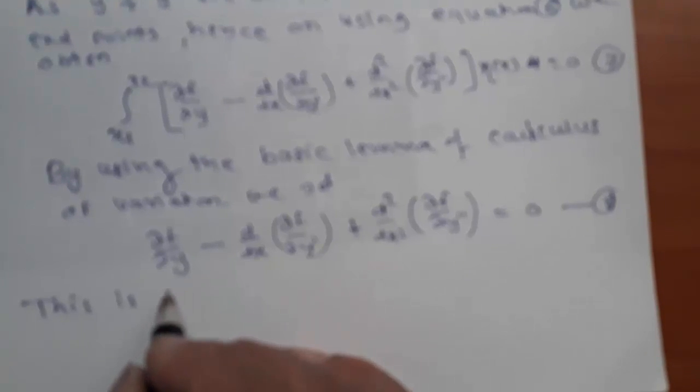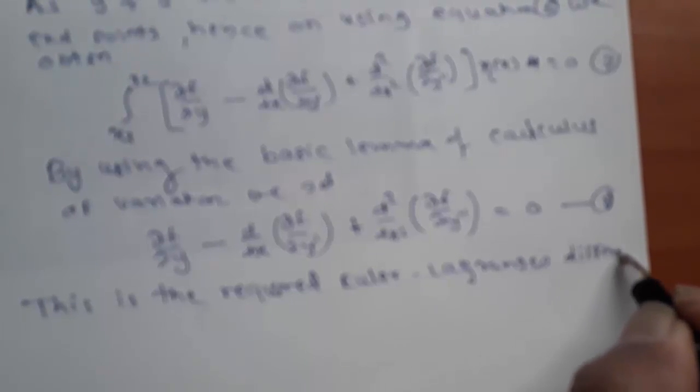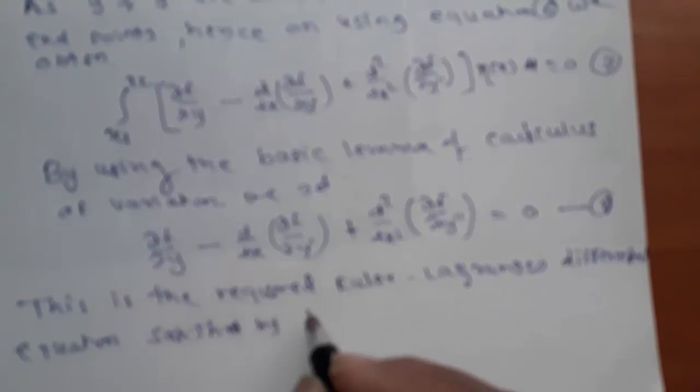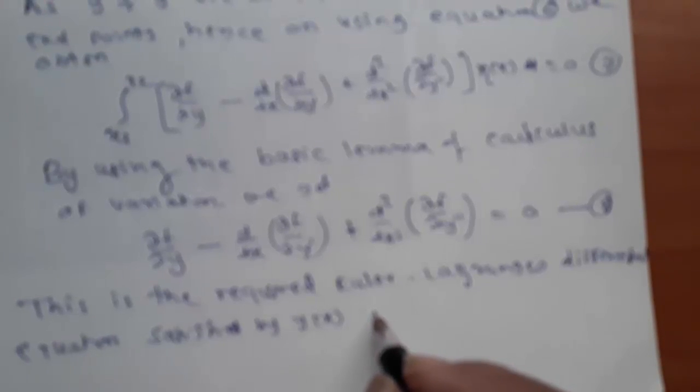This is the required Euler-Lagrange differential equation satisfied by y of x for which the functional I has an extremum value. This proves the theorem.